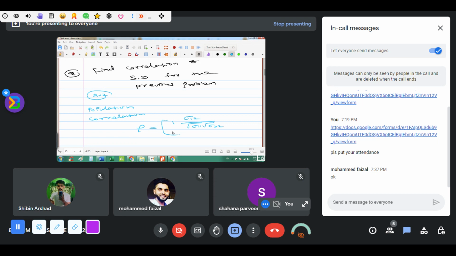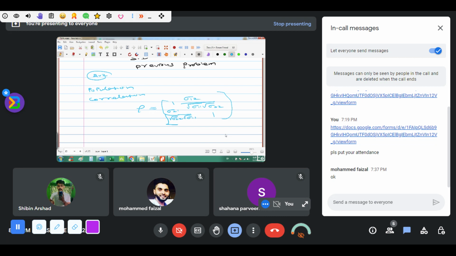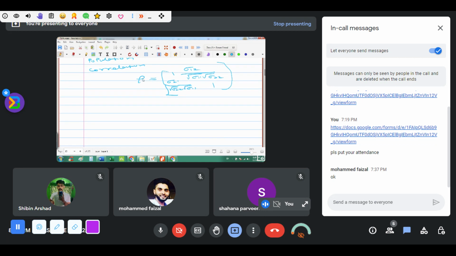Here also, sigma 2 1 divided by root of sigma 2 2 into root of sigma 1 1, and the corresponding diagonal value is 1. Please tell me what is the result for sigma 1 2?